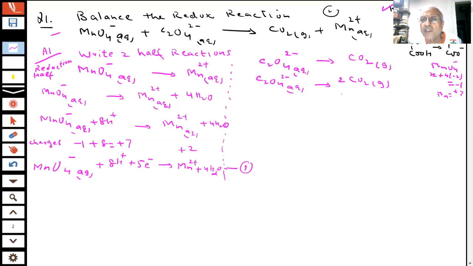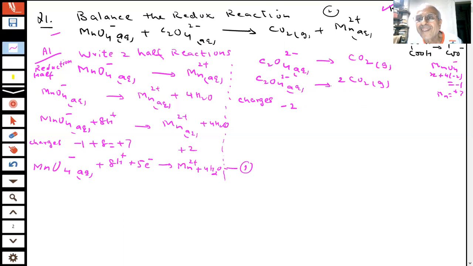Carbon 2 and 2, balanced. Then charges: minus 2 here. What is the charge in CO2?